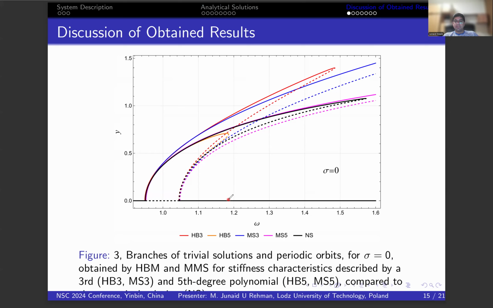MS3 is the method of multiple scales with third degree polynomial, and MS5 is fifth degree, and NS is the numerical solution. So here we compare the amplitude of periodic solutions obtained by analytical methods with numerical solutions obtained by the continuation method for the full nonlinear model of the system, when the parametric friction frequency Omega changes as a bifurcation parameter near resonance frequency.